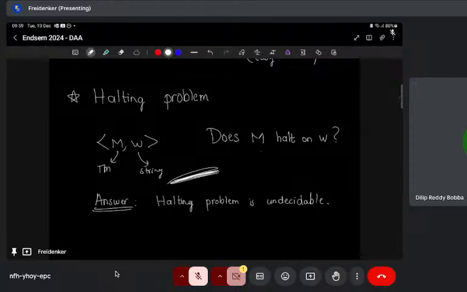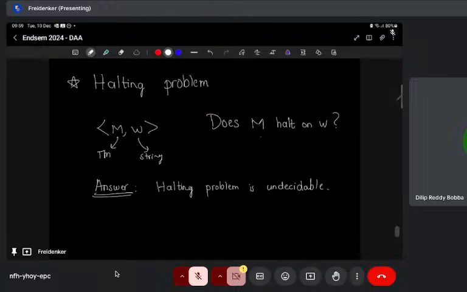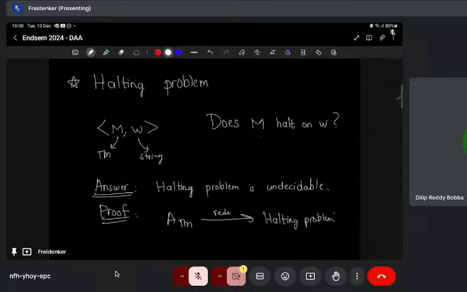You can think about it, but apparently the answer to this question can't be answered by a decider. The proof goes something like this. Apparently, I think you can reduce ATM, the acceptance problem for Turing machines, to the halting problem. Is it possible? Can I reduce ATM to the halting problem?